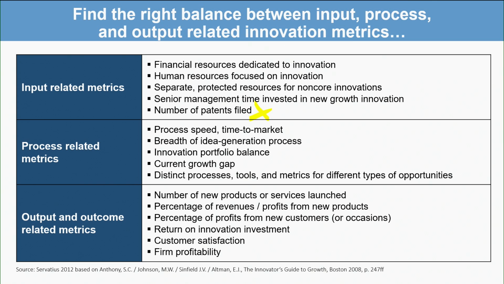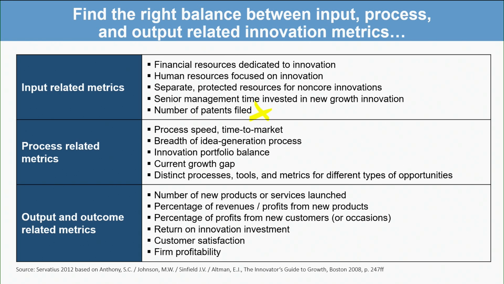Another process is how broadly we are really looking in our idea generation. It's connected to the idea of open innovation. How good is the portfolio of our innovation projects? Do we have a current growth gap? The current growth gap means the gap between what we are doing and what we want to achieve and how we want to grow in the company.